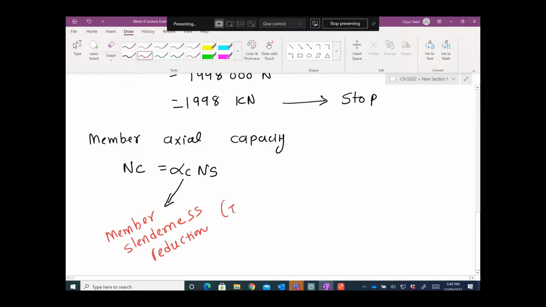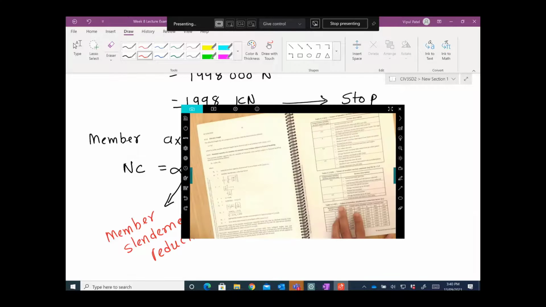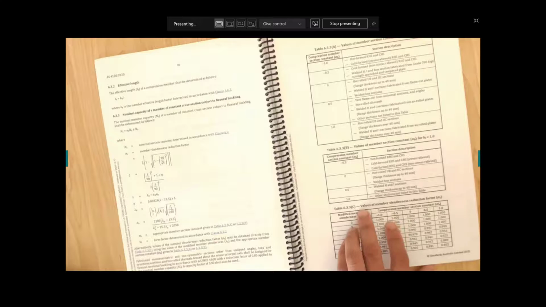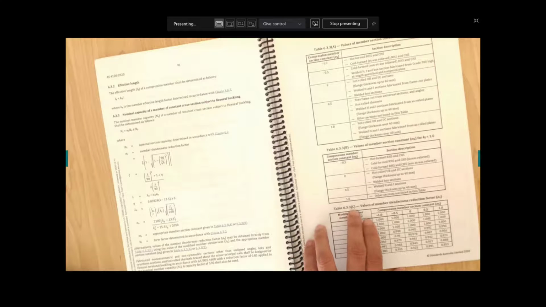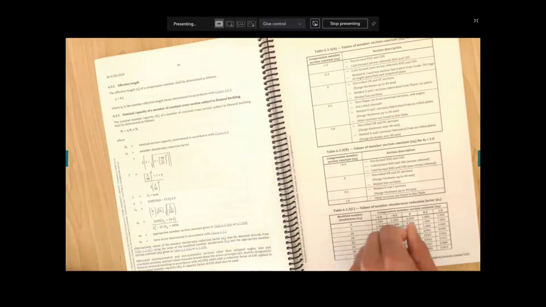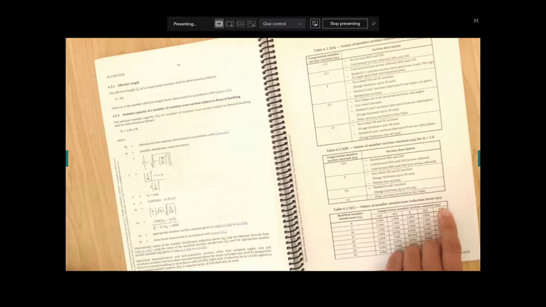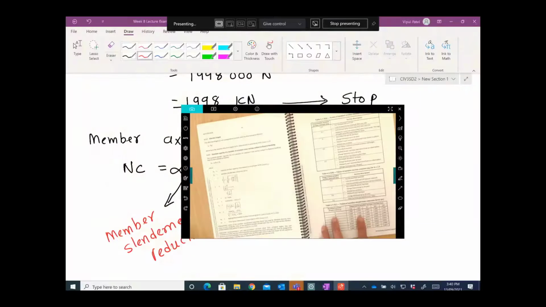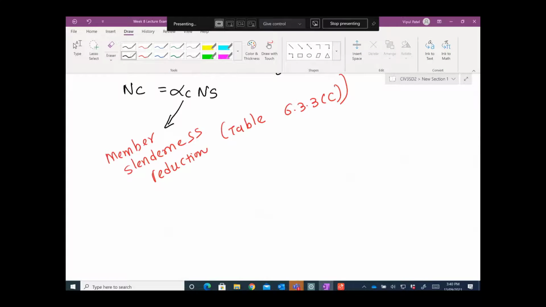That is coming from table 6.3.3(c), and that table requires the lambda n value, and it also requires the alpha b value. So that's good. So we need to calculate that alpha c.